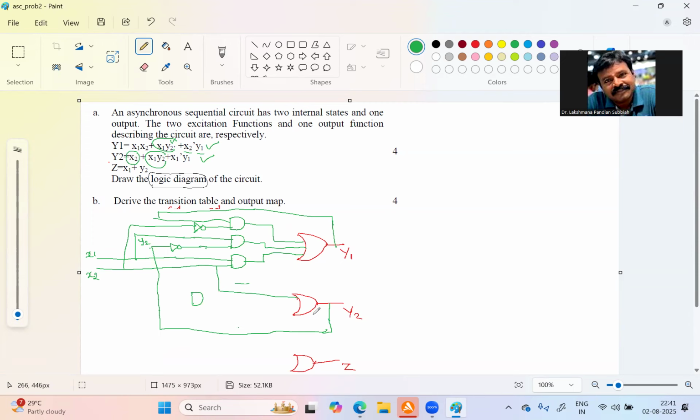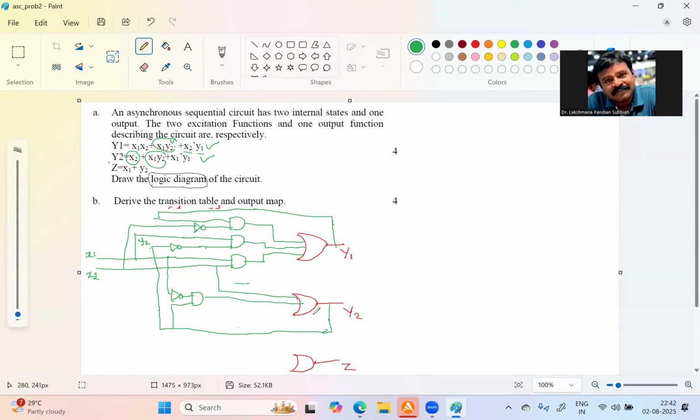Here x1 dash is indicated with an inverter, and y2. So x1 dash y2 is one input.